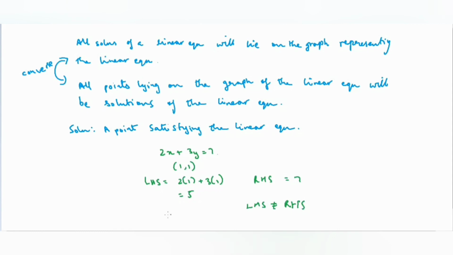Now this implies (1, 1) is not a solution. This will further imply it will not lie on the graph of the equation.